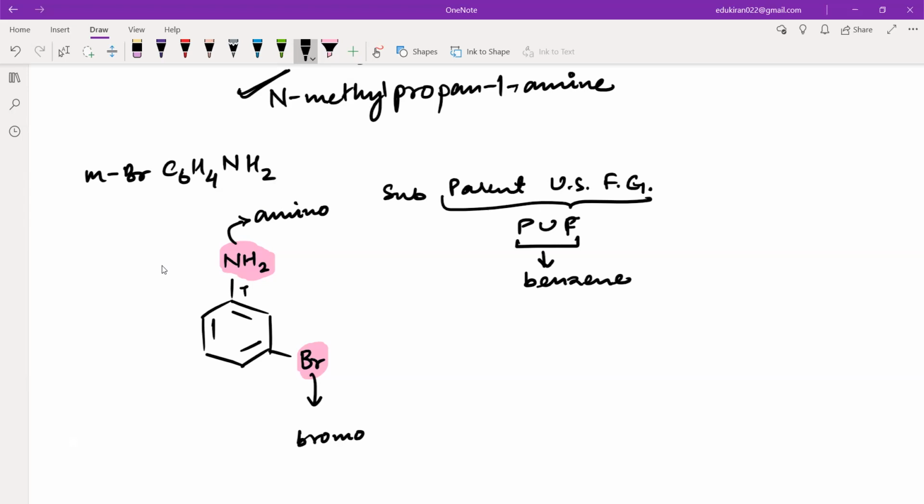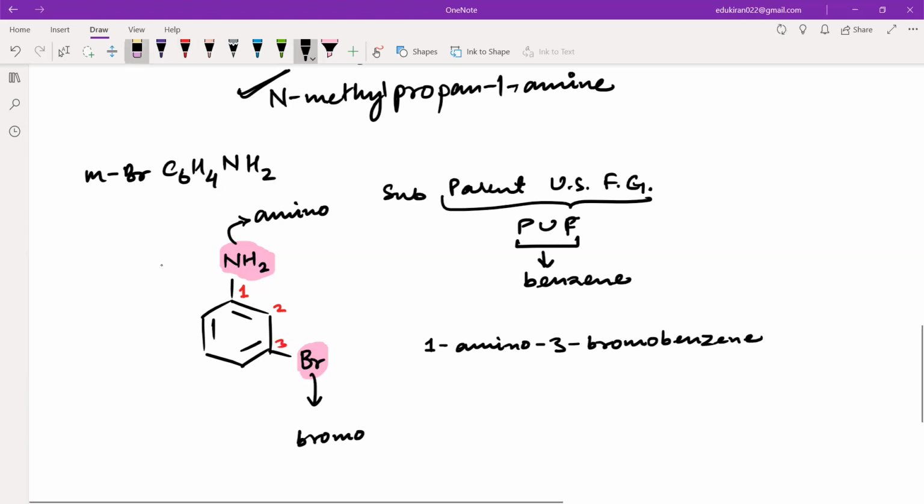So I will give the carbon which has the amino group number 1, then 2, and 3. And I will name this as 1-amino-3-bromobenzene. Okay, so this is one name.